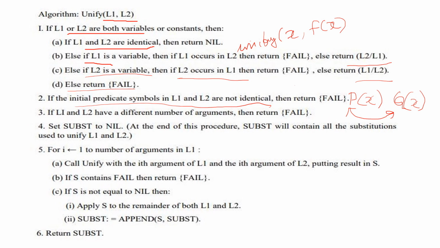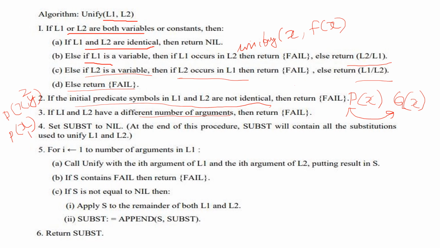Then step 3: if L1 and L2 have a different number of arguments, then it also returns fail. If we unify P(x, y) and P(x), the predicates are the same, but here we have two arguments and there only one argument.